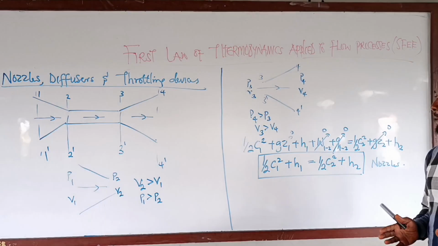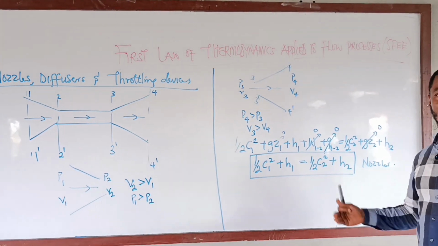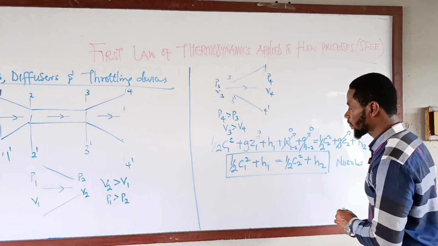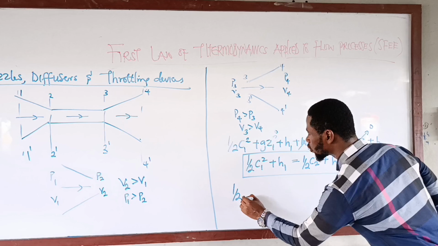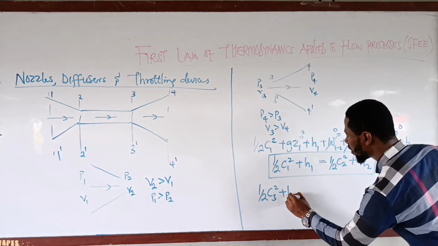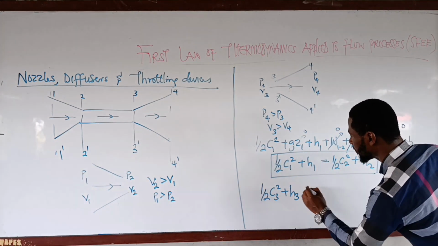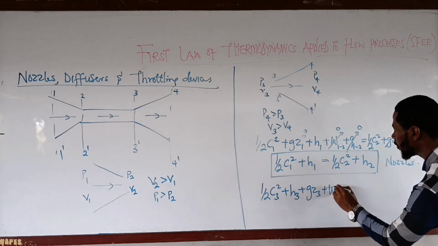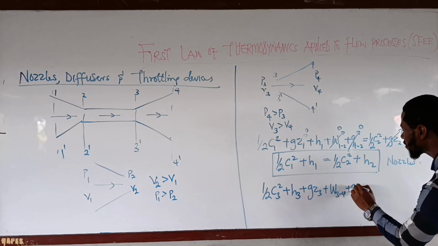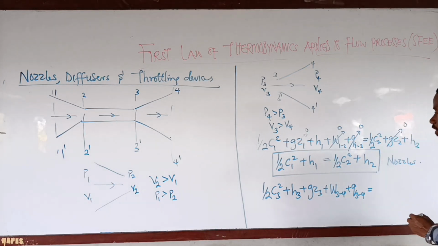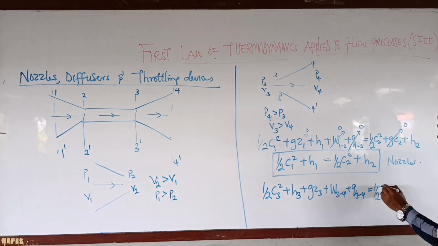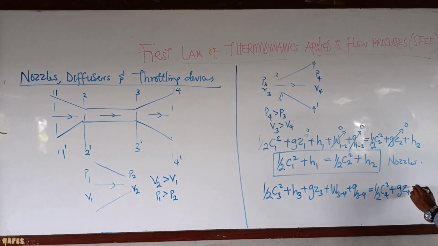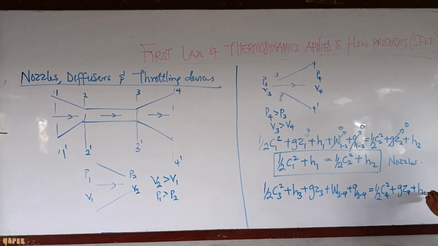For the diffuser, we write out the steady flow energy equation again. The diffuser is at state 3 and state 4. We have 1/2 C3 squared plus H3 plus gZ3 plus W3-4 plus Q3-4 equals 1/2 C4 squared plus gZ4 plus H4.